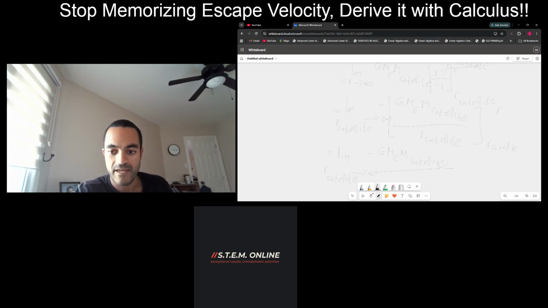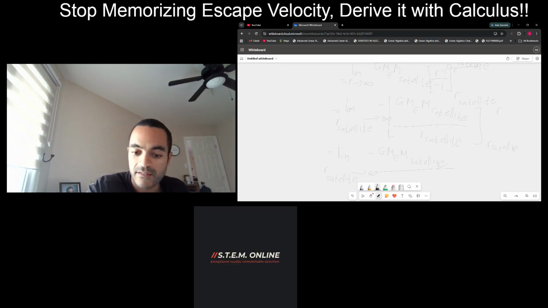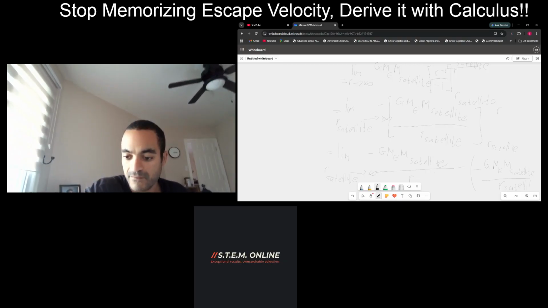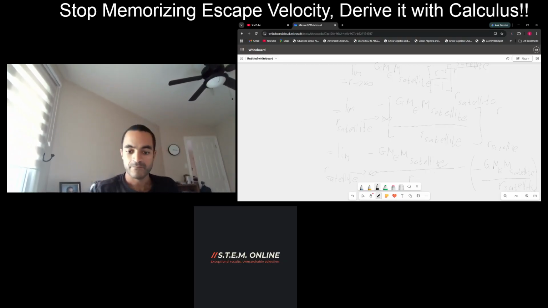Because it's f of b minus f of a when you have a definite integral. That's the Fundamental Theorem of Calculus part 2. So r satellite gets replaced with R, and then it's minus G M Earth M satellite over r satellite, close the parentheses. We put square brackets here because otherwise we have problems.